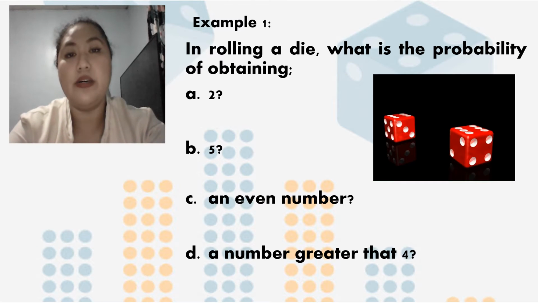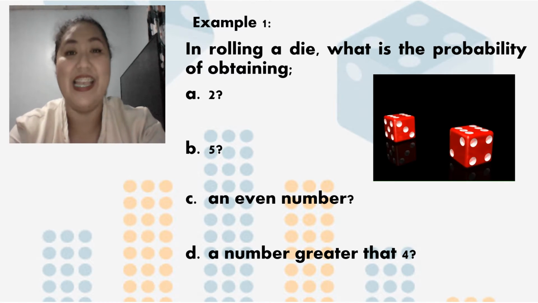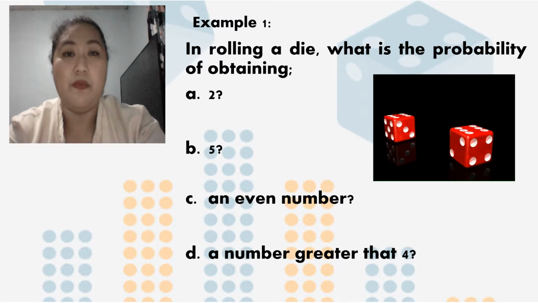So, sa formula ng probability of event, ang number ng possible outcomes natin ay 6, since 6 ang sample space ng ating die. Okay? So, ang denominator ng mga sagot natin, for example 1, is always 6. Okay, so for favorable outcome, dito na pumapasok si letter A, si letter B, si letter C, si letter D. Siya yung hinihingi niyang outcome or event.